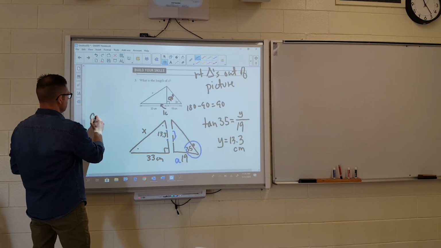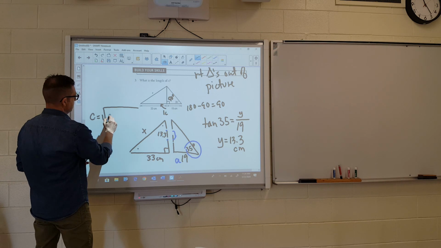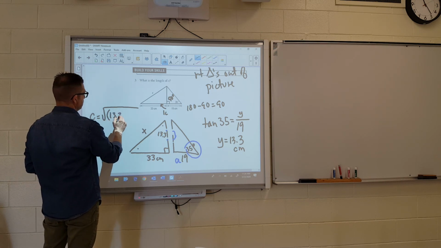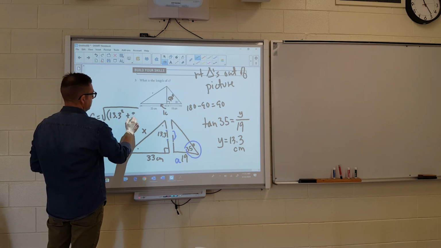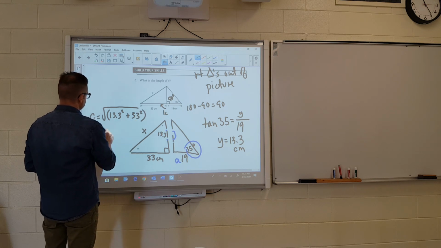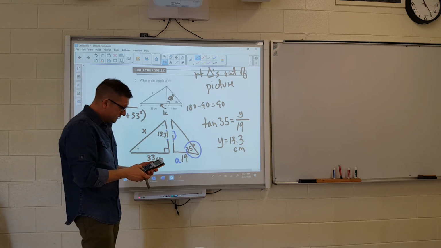So c equals the square root of brackets 13.3 squared plus 33 squared. And the cool thing is on your calculator, you can do it all in one step.